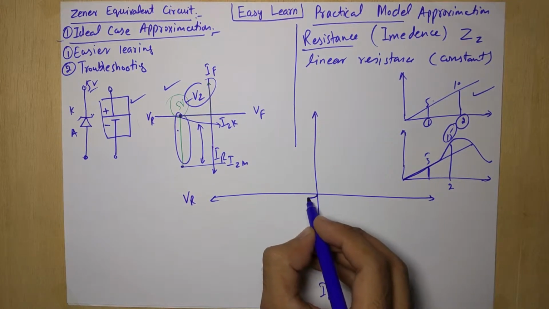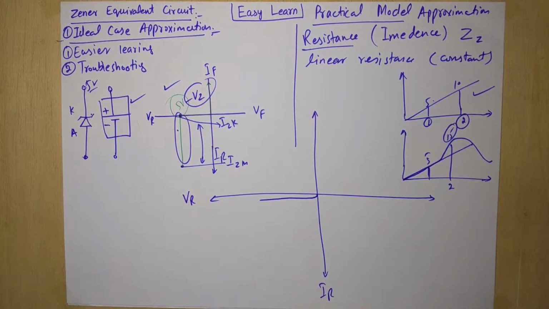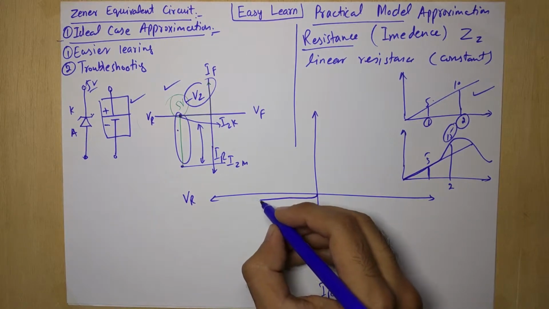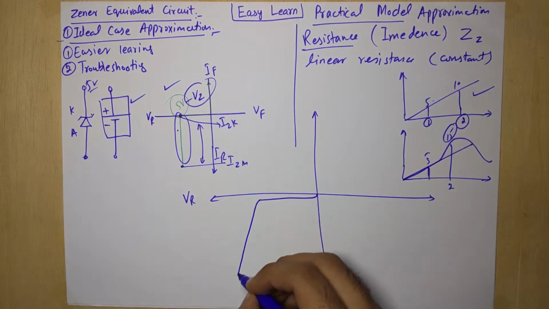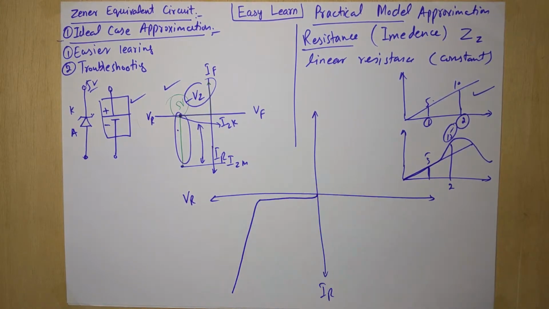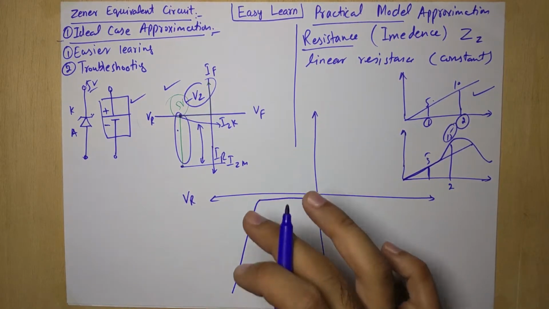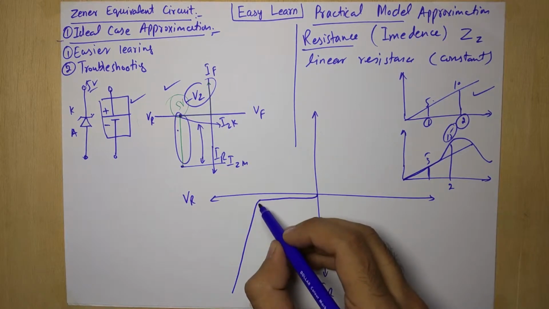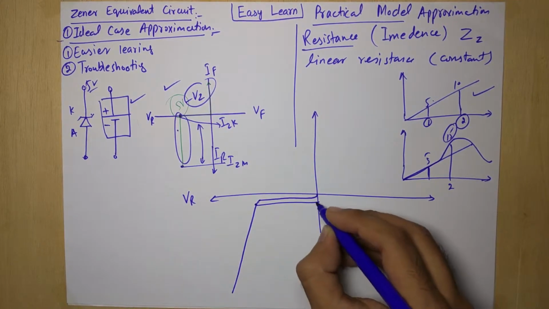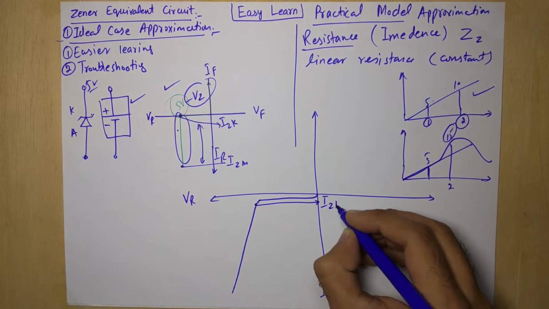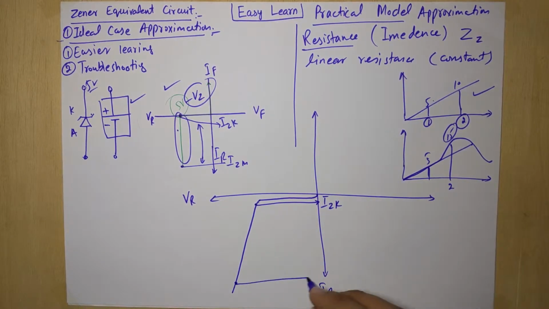Let's say this is our small leakage current, but after the knee portion we receive this graph. This is our knee point. This point is called IZ knee, and this is our maximum point, IZ maximum. So these 2 points are available for us.